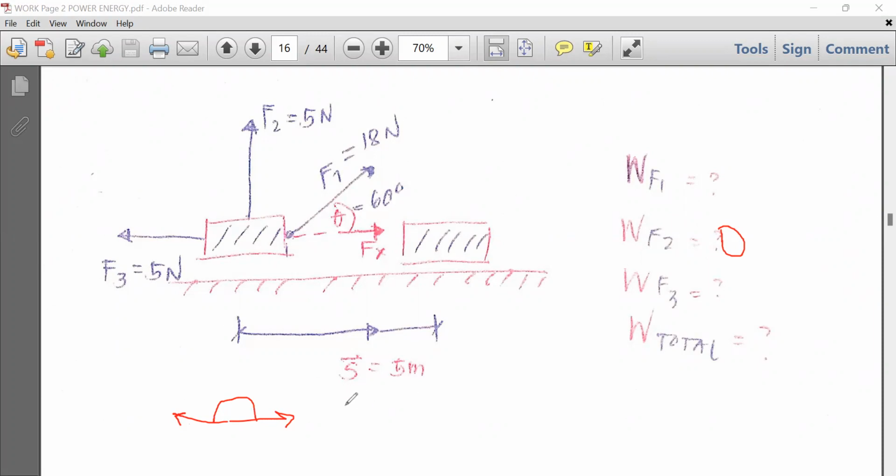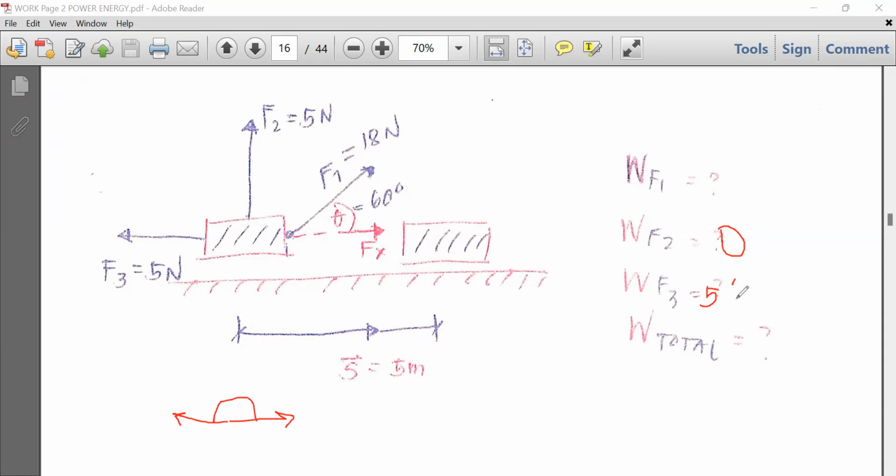This is case 3, where our work is equal to F cosine of theta. F is 5, so we multiply that with the cosine of 180.